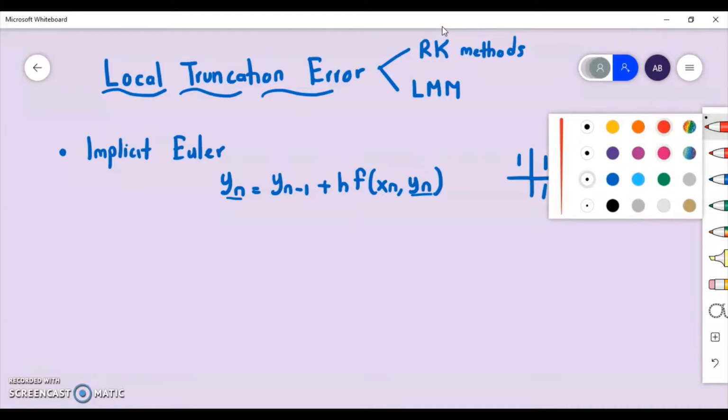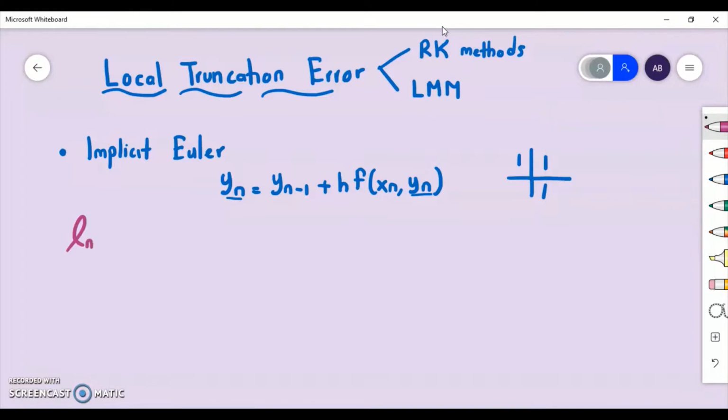What does the local truncation error tell us? The local truncation error, denoted by this little n, we will write as y at xn minus 1 plus h f of xn, y at xn, minus y at xn.